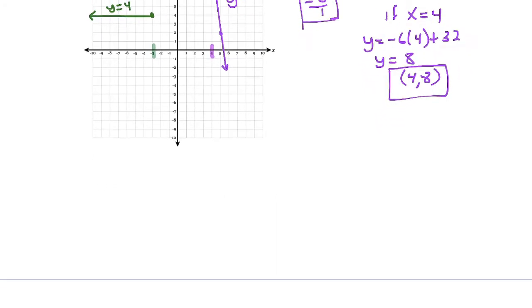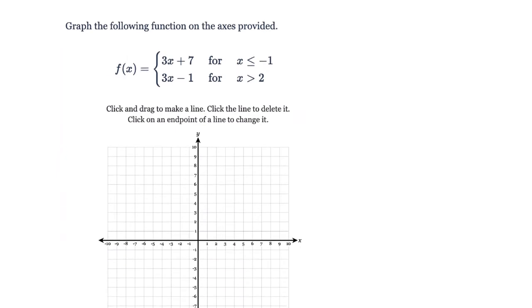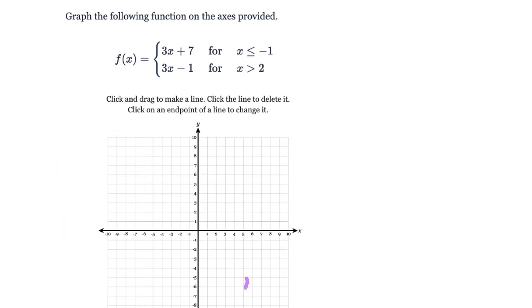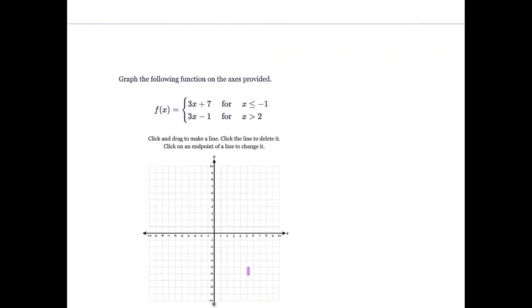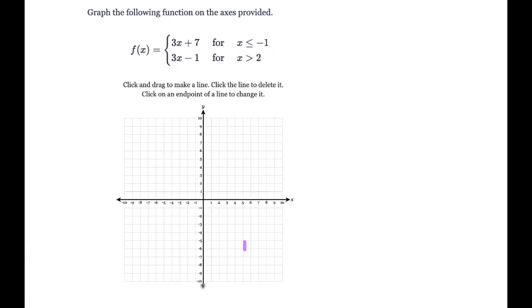Let me show you one more. I think I have one more on here. Let's take this one right here. Let me scroll out a little bit.